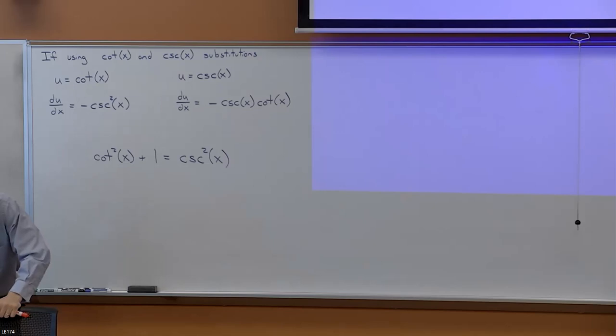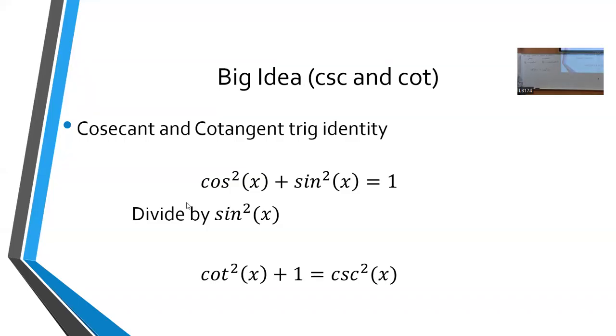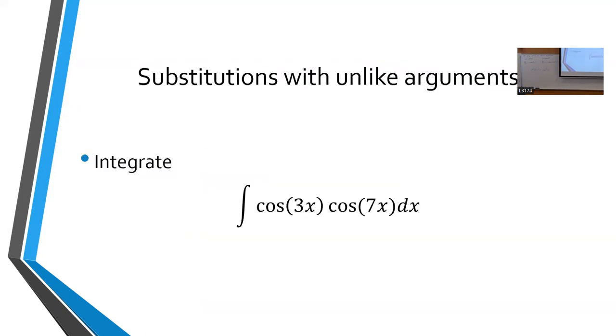Now, the last thing I want to do as far as substitutions in trig functions go: everything so far we've dealt with like cosine of x, sine of x. And even if we were dealing with cosine of 30x and sine of 30x, since the arguments inside of sine and cosine would have been the same, we could have still dealt with that in the same fashion.